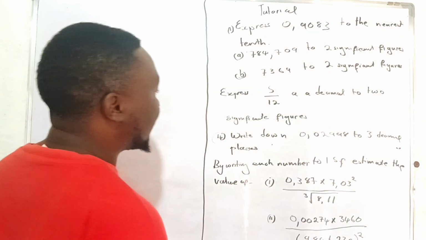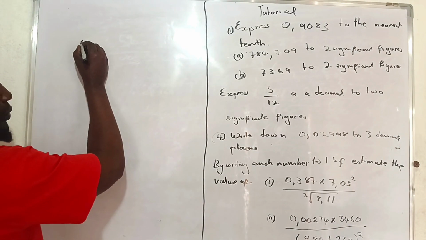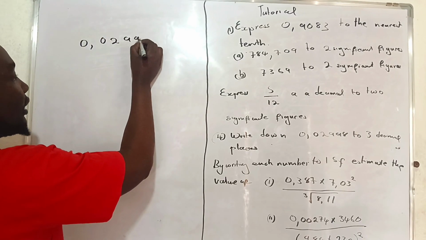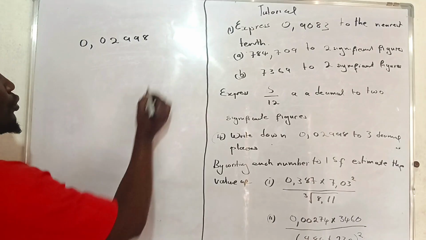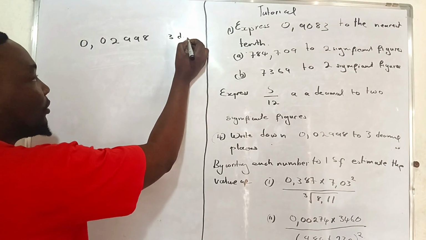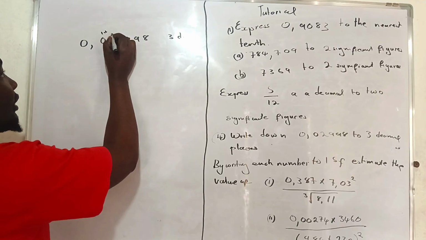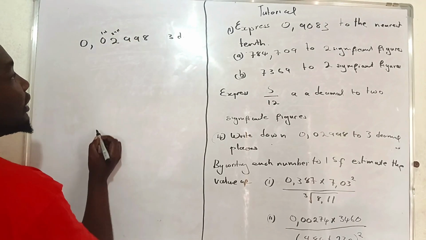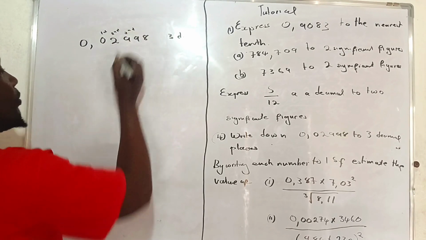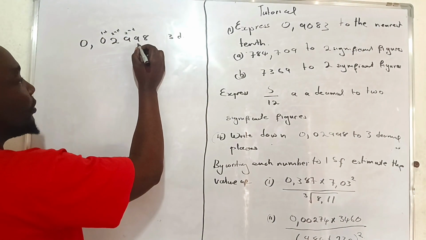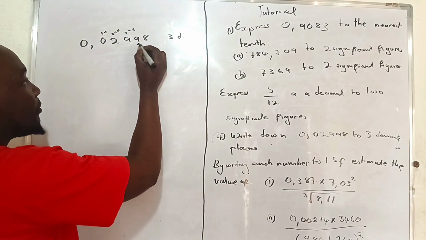Let's move on. Write 0.02998 to three decimal places. So this is the first decimal place, this is the second decimal place, this is the third decimal place. So you need to round off to three decimal places. So you look at the fourth decimal place.